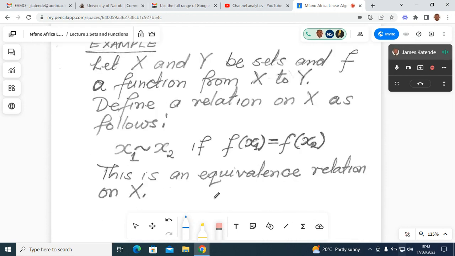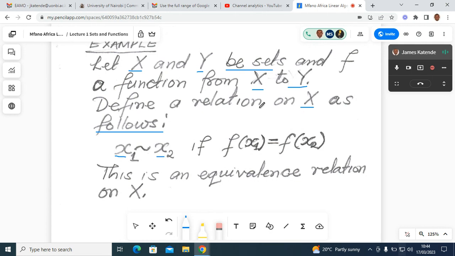So here is an example. Suppose X and Y are two sets and f is a function from X to Y. We'll define a relation on the set X as follows.